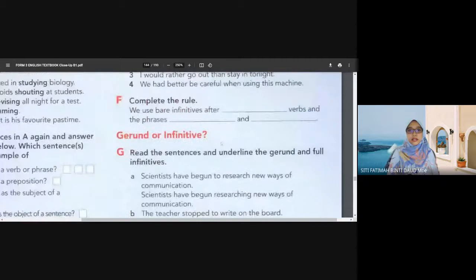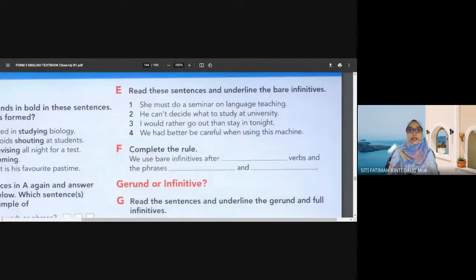And so you do this one, E. E, 1, 2, 3, 4. Which word is bare infinitive? Bare infinitive means dia punya verb tu, no addition. The root word. Okay, I'll show you the first one.